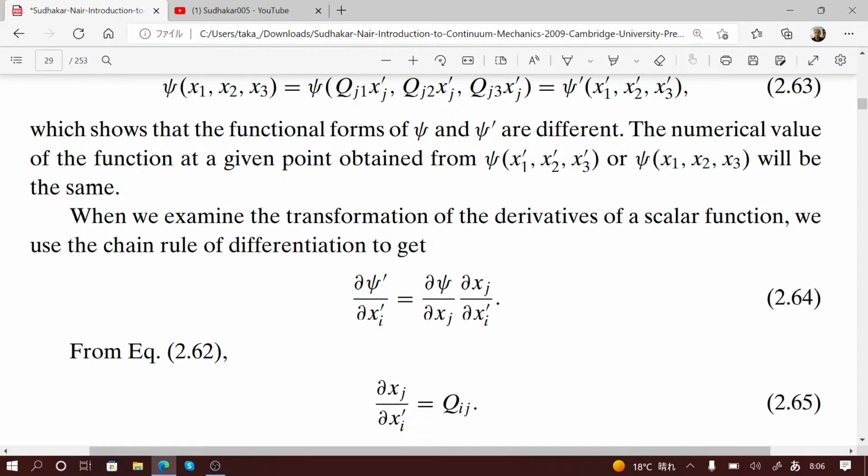From equation 262, partial x_j over partial x_i prime equals q_ij. Thus, partial psi prime over partial x_i prime equals partial psi over partial x_j times q_ij. So the array formed by the three derivatives of psi obeys the transformation rule for a vector.